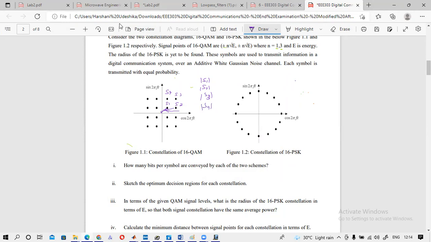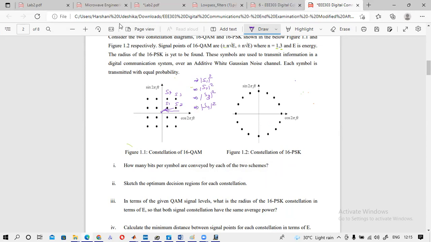So what does this length refer to? That is the amplitude. If you want to find the energy, you have to get the square of the amplitude. So I get the square of this amplitude, and this will be my symbol energy. This is the symbol 1 energy, symbol 2 energy, symbol 3 energy, and symbol 4 energy.